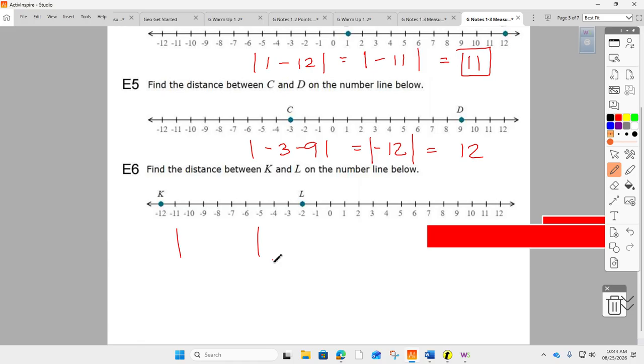Example 6, what did you write? Give yourself 2 absolute values like I did. All right? And what's the subtraction problem you're going to put in there? It's your points that they have dots on. So they mark the points of those dots on the number line. So we're going to subtract those, right?